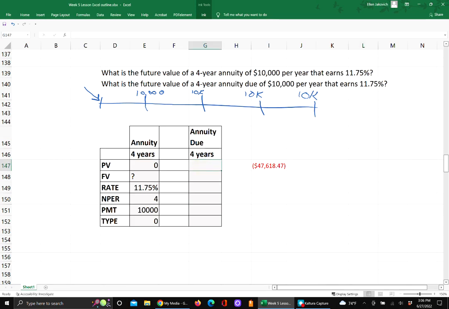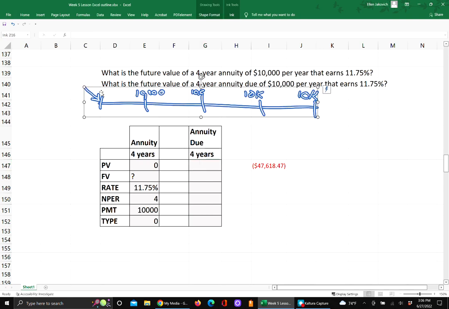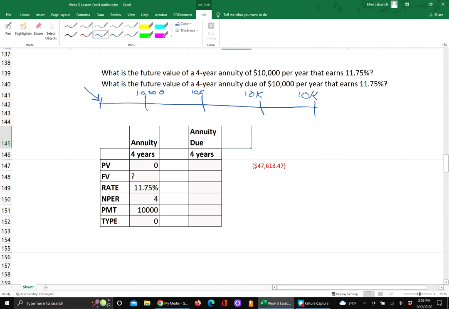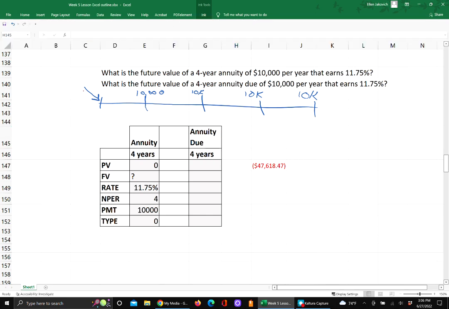So now let's change things. The exact same problem, but now it's an annuity due, which means this 10,000, let me change it. Now we have 10,000 going in right here. And we don't have this last one. An annuity due means we have these 4 payments.